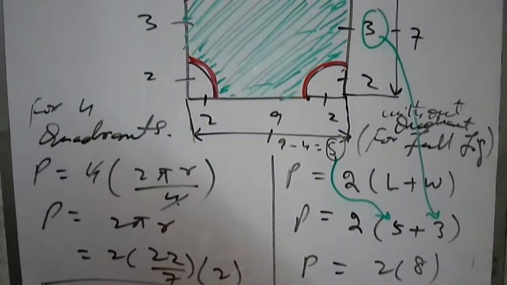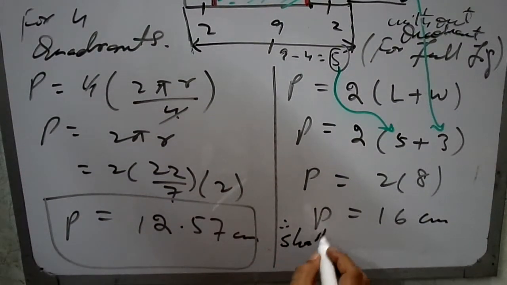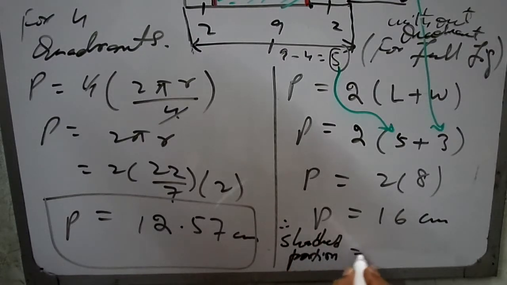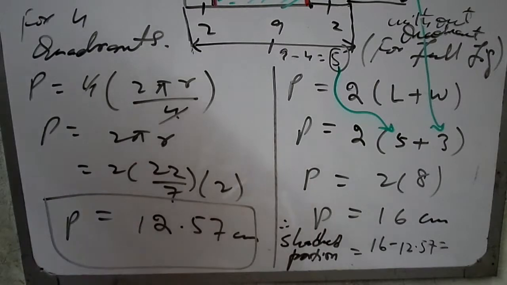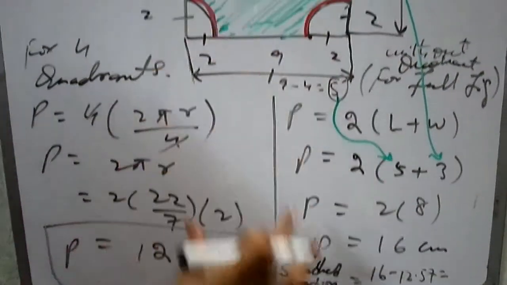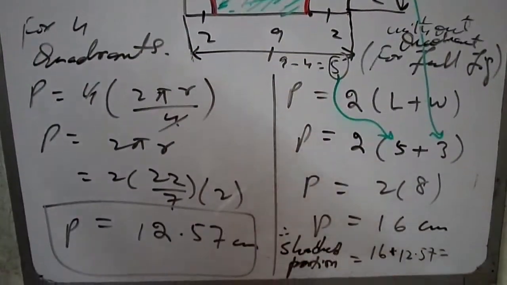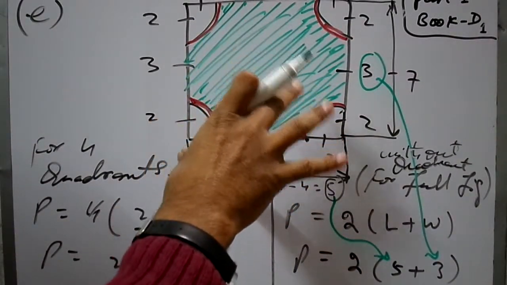So now for the shaded portion, you can find the perimeter by subtracting. Therefore, the perimeter of the shaded portion is equal to 16 minus 12.57. You will get the result. For the perimeter of the shaded region, although we have subtracted, you have to add, because you need the perimeter of the shaded region only.